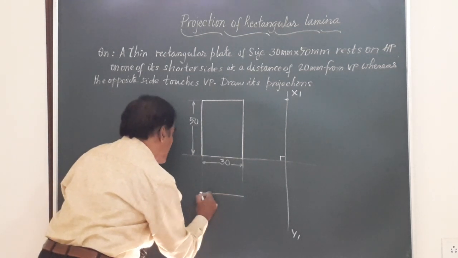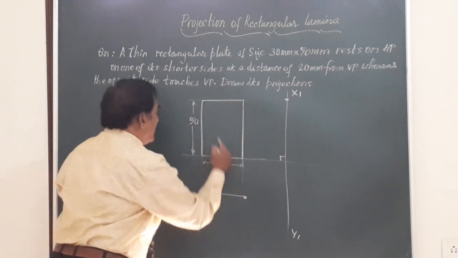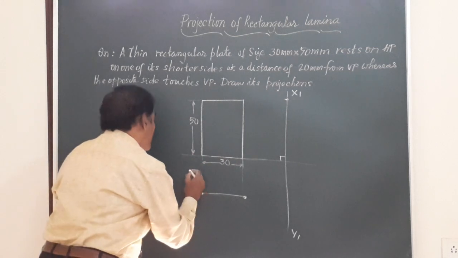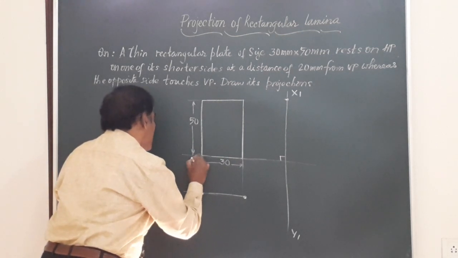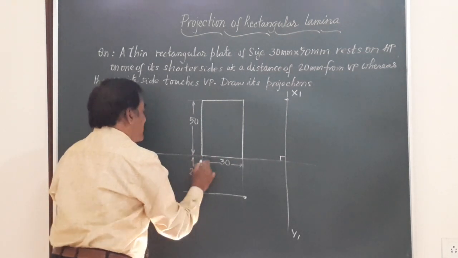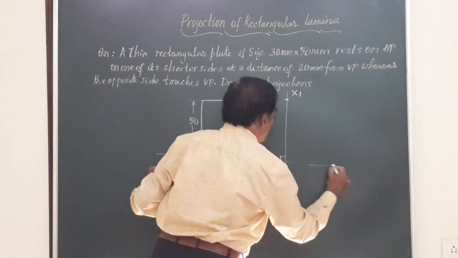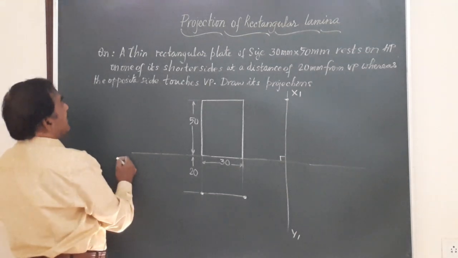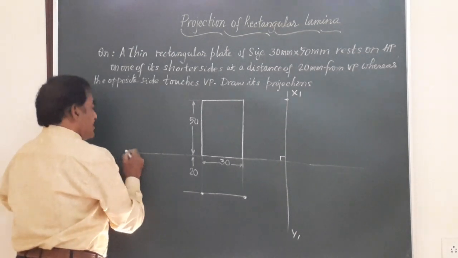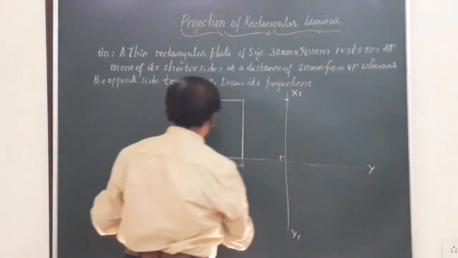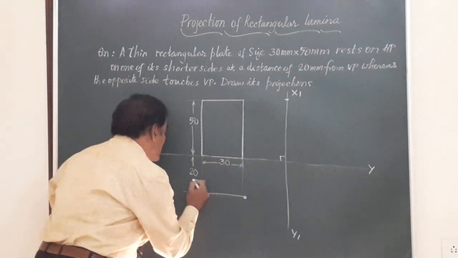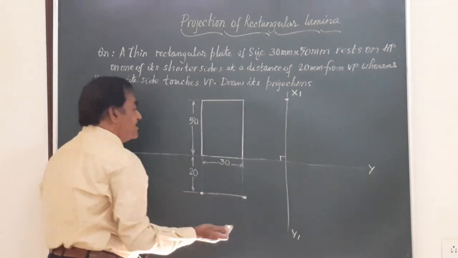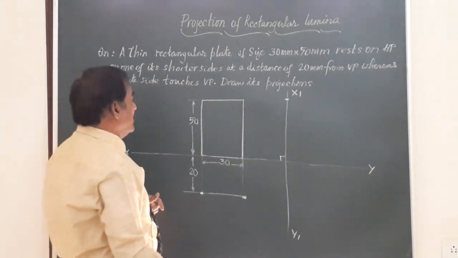So, I am going to write this line initially representing this top view at a distance of 20 mm from the wall. So, this is 20 from the xy line. This is our xy line. Here this distance is 20 mm, where the shorter edge is touching the xy line.